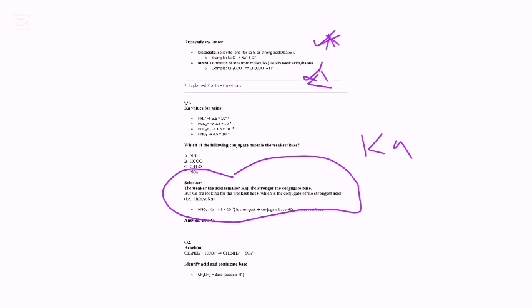You are looking for the weakest base, which is the conjugate of the strongest acid. If you are given the Ka, the bigger the Ka, the stronger the acid, and the conjugate base will be weak.